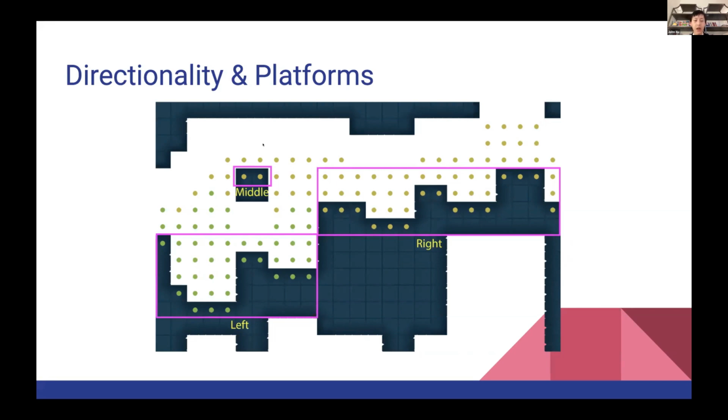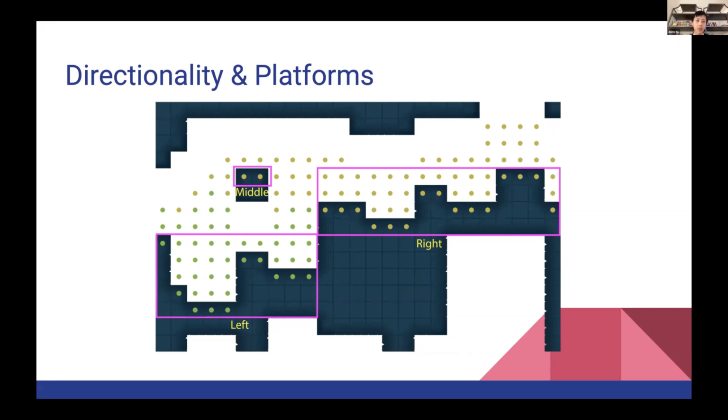The player can be on top of the middle, but by itself it is not connected to the left or the right, so it is considered an individual platform. Now there can obviously be more than 3 platforms per room, and we won't probably be able to call them left, right, or middle. This is just a demonstration of what we're dealing with. So with platforms, we're able to determine directionality.